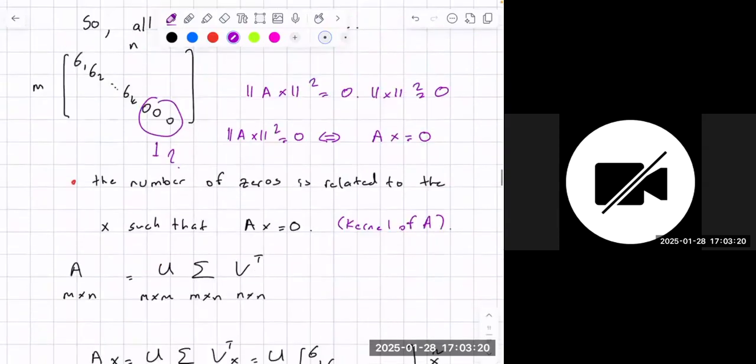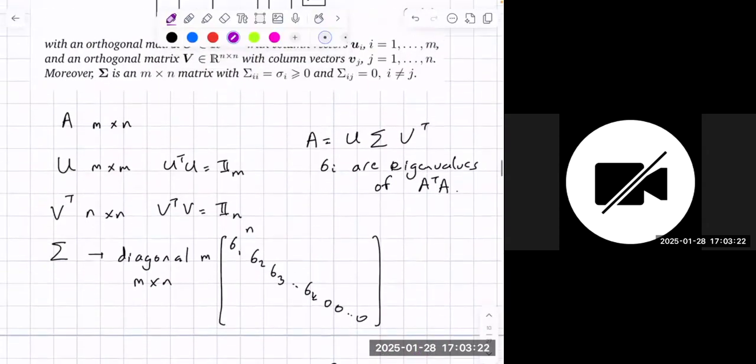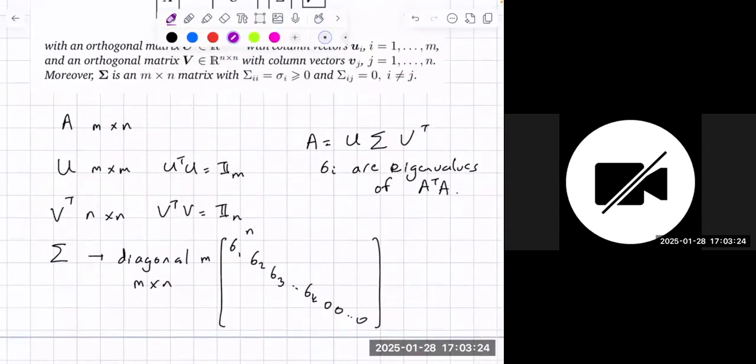Okay. All right. So here is the singular value decomposition. It's going to look like A equals some matrix times another one times another one. These two guys are just rotations. If A is M by N, the first one is an M by M orthogonal matrix. The second one is an N by N orthogonal matrix. And the sigma in the middle gives you all the singular values, and they are either a positive number or 0, okay?